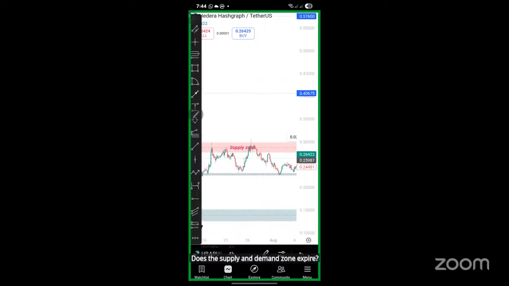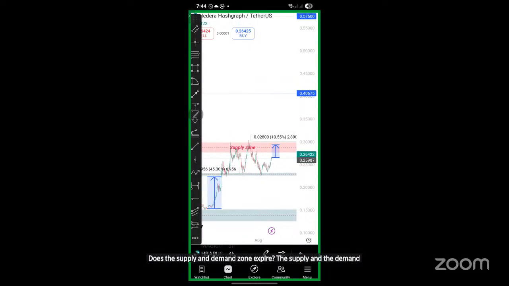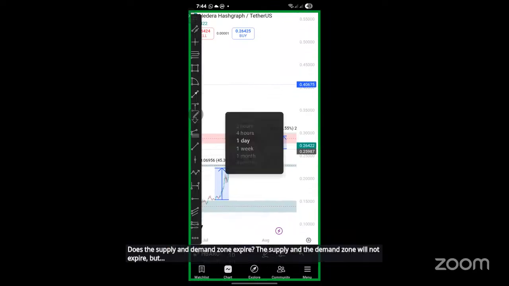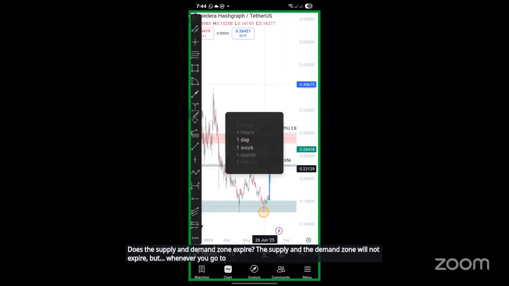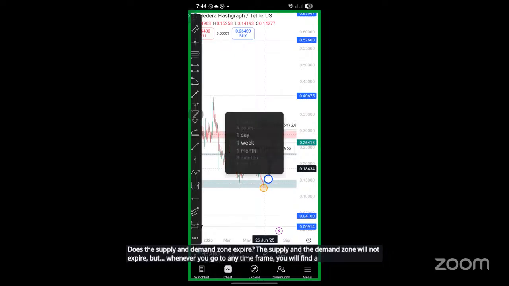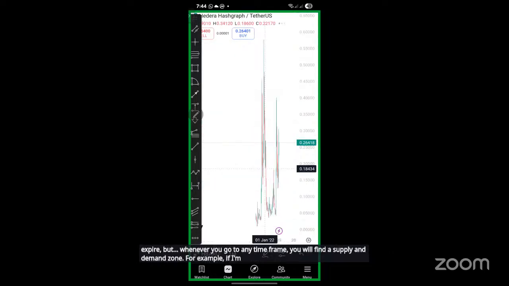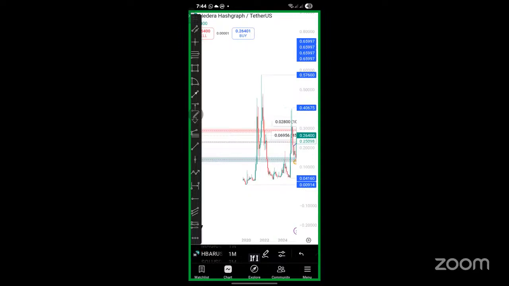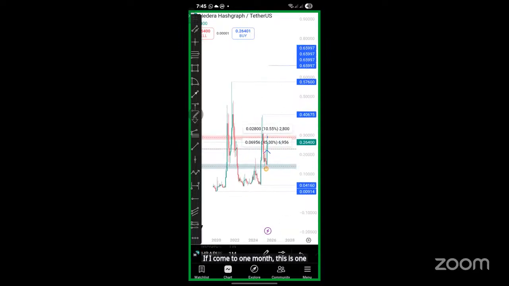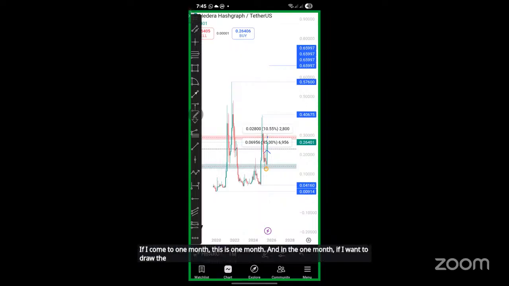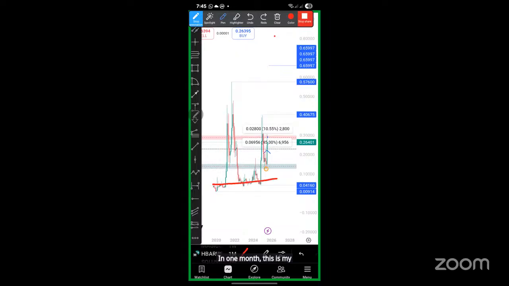The supply and demand zone will not expire, but whenever you go to any time frame, you will find a supply and demand zone. For example, if I'm in 1 week and I come to 1 month, and I want to draw the demand and supply in 1 month, this is my demand zone in 1 month, and this is my supply zone.